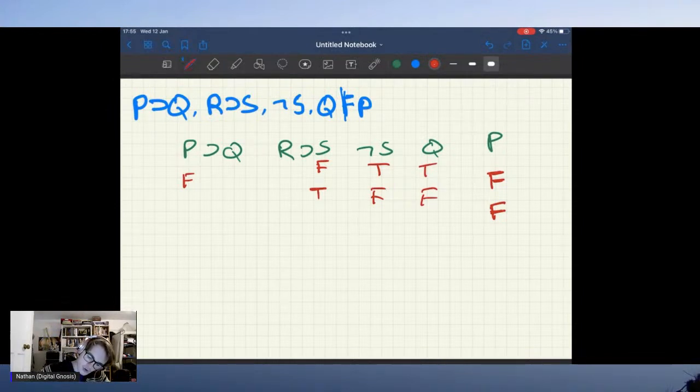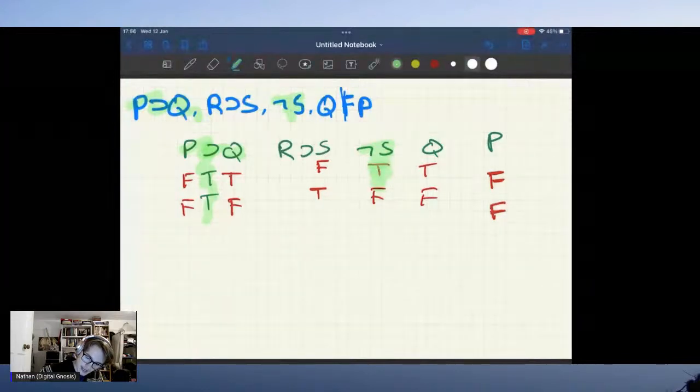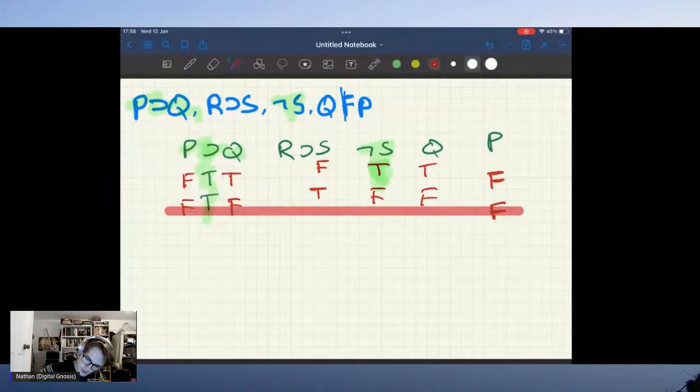Well, we have our Qs, so we can fill in our Qs. False, false. We can see that in both of those cases, our first premise comes out as true. We have our second premise, which can be, well, we only care about the case where it's true, so that rules out the second one.